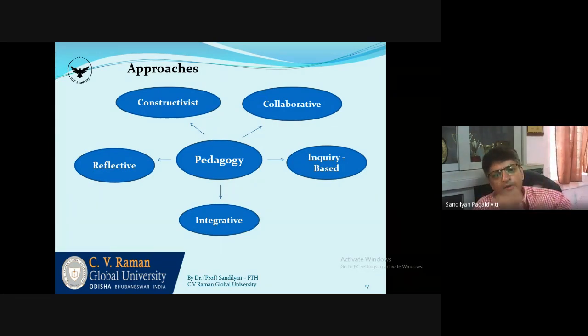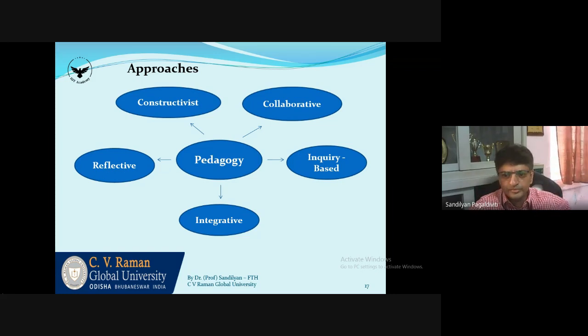You can also have a mix of any of these approaches, because your particular session or topic is not going to be justified by one particular approach. You may need to use both. So there is no harm as a teacher if you are a bit aware of these kinds of approaches. You can take it from there.